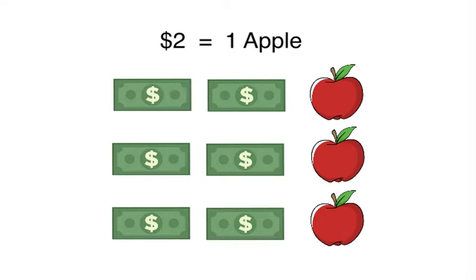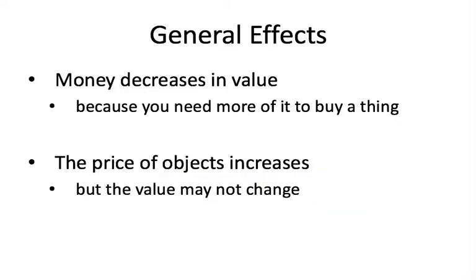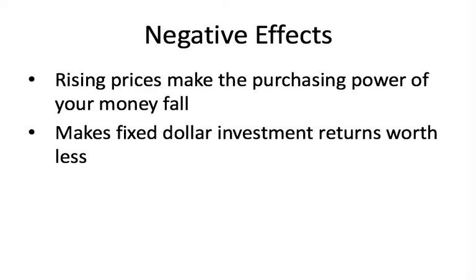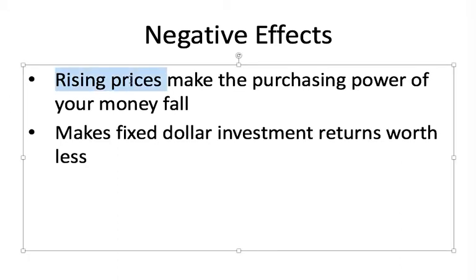Okay, so this is the general effect. What is a negative effect for people and companies, countries? One negative effect of inflation is that as the prices go up, how much you can purchase goes down.